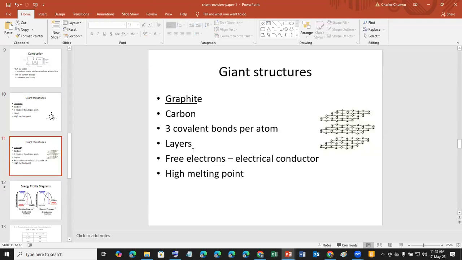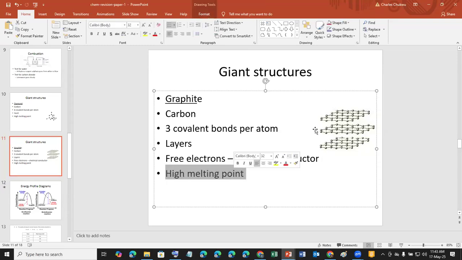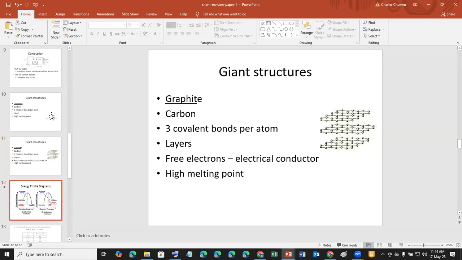Surprisingly, the melting point is still high. I'm guessing that's because the 3 covalent bonds per atom still need to be broken, so that will cause the high melting point.